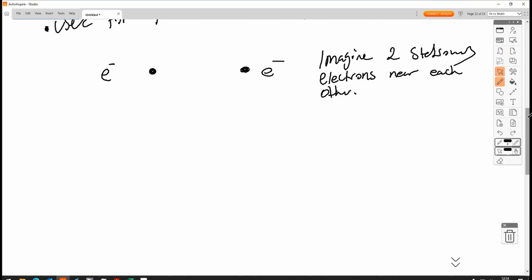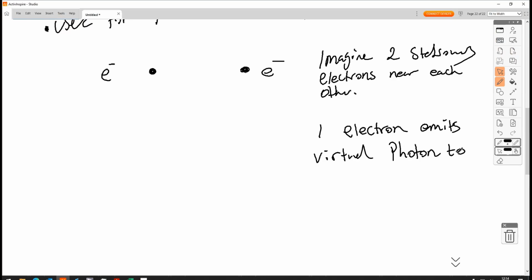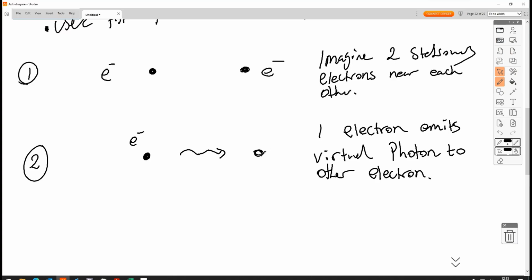So what happens is, one electron emits a virtual photon to the other electron. So if this is step 1, then in step 2, this electron has just emitted a photon towards our second electron.